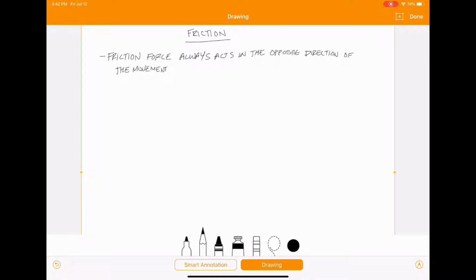The equation for friction is equal to the coefficient of friction times the normal force.